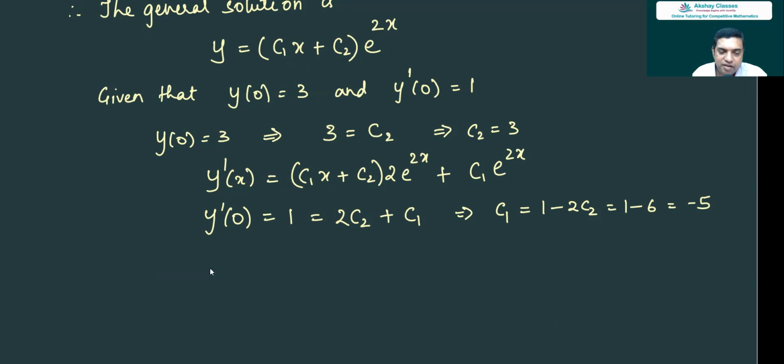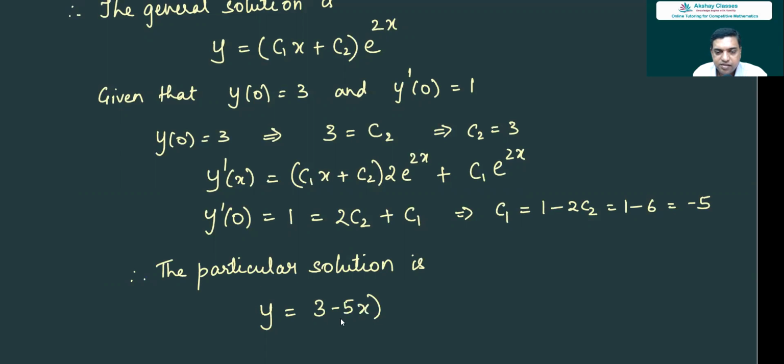Therefore, the particular solution is y is equal to (3 minus 5x) times e power 2x. Got it?